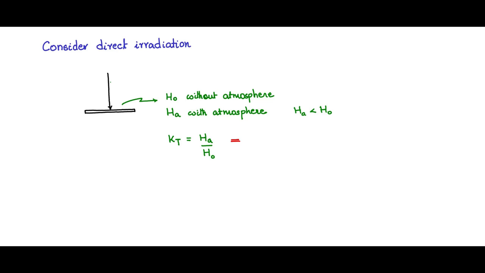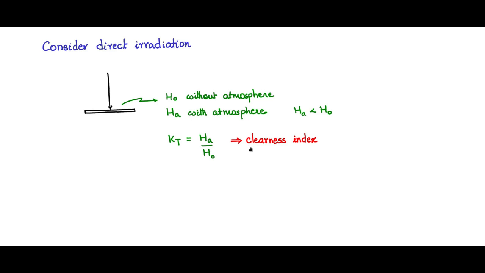And this is called clearness index. This is a very, very important factor, this clearness index, because this consolidates all the uncertainties of the climate.